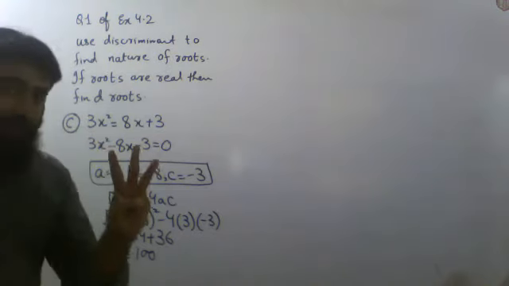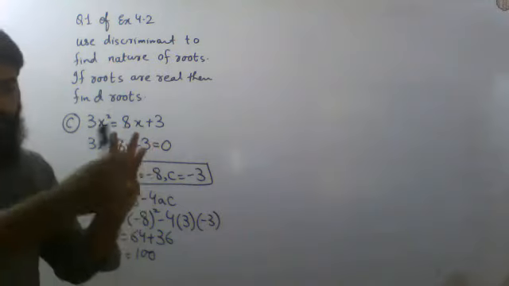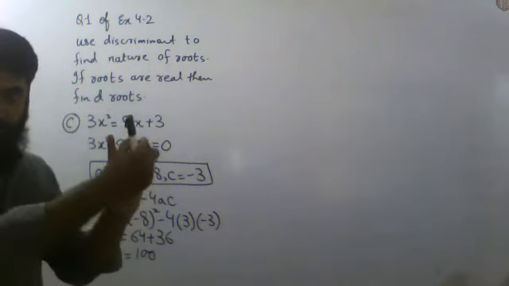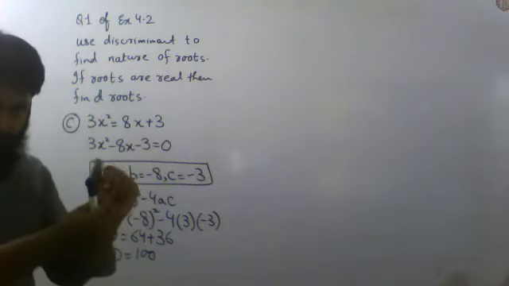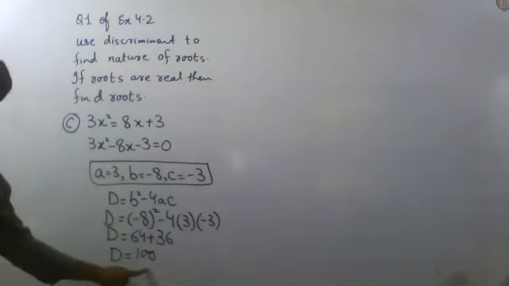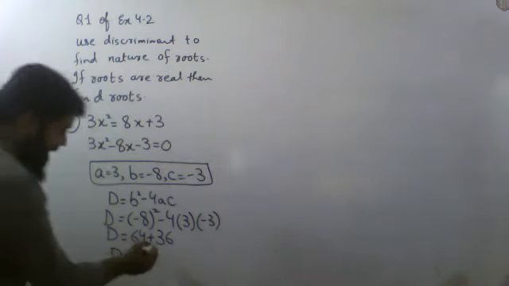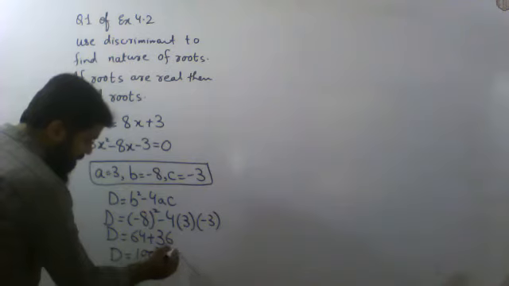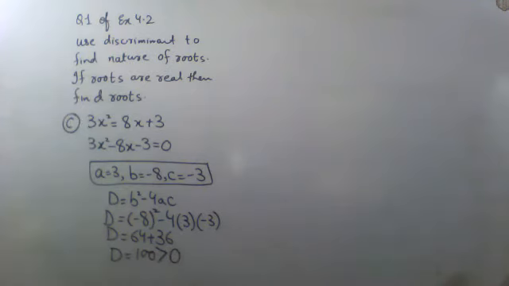There are three cases for discriminant: lesser than 0, equals to 0, greater than 0. My discriminant is right now coming equals to 100, which means that it is greater than 0.